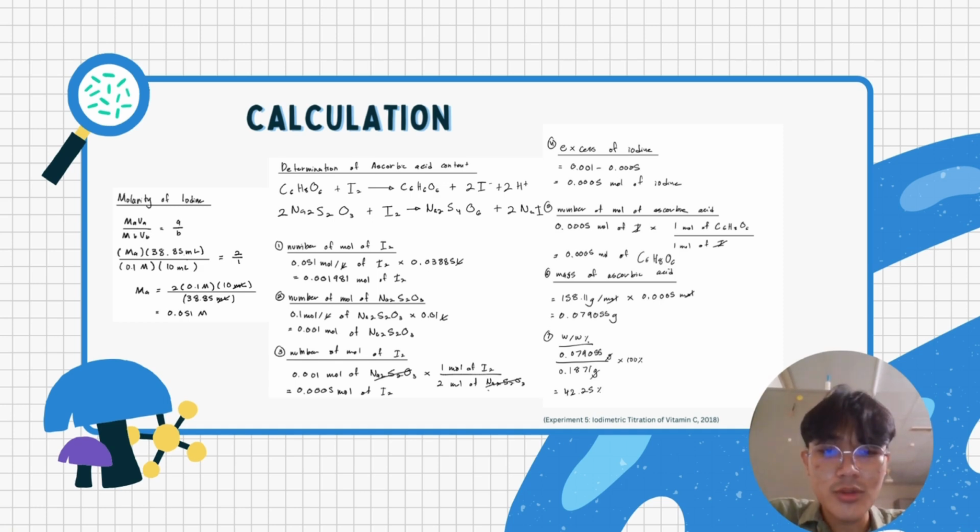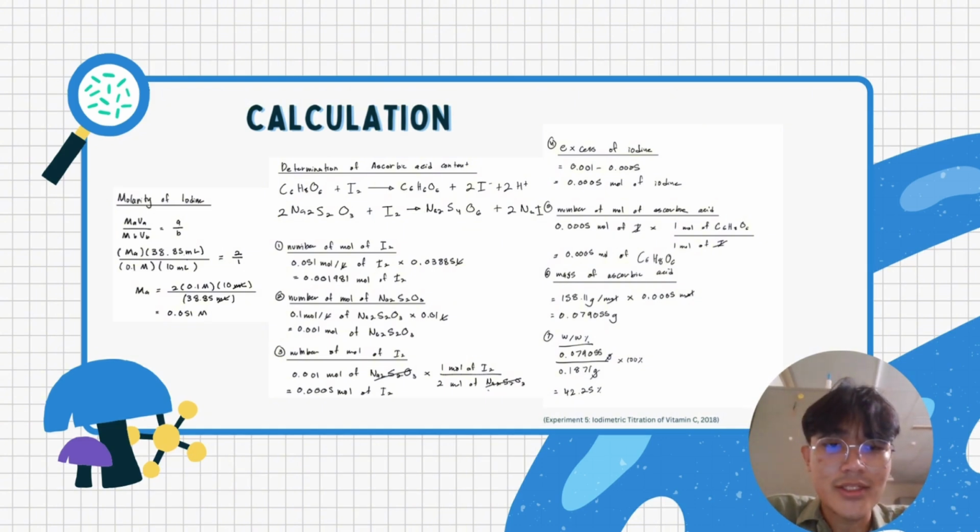From the number of moles, we have to find the moles of iodine solution, which is 0.0005 mole. Next, we have to find the excess of iodine solution by subtracting the 0.001 mole of iodine from the 0.0005 mole from the sodium thiosulfate.